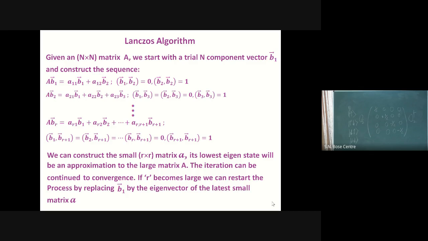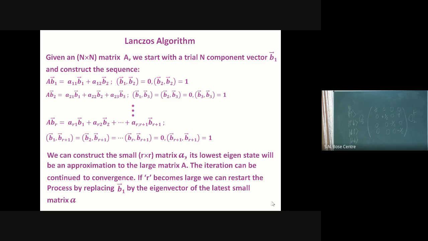Okay, so what you have done is you have basically decomposed AB1 into a vector which is along the direction of the chosen vector and another one which is along the orthogonal direction. Now you take this B2 operated by A. I can express it as a linear combination of A21 B1, A22 B2, and the remainder is A23 B3.